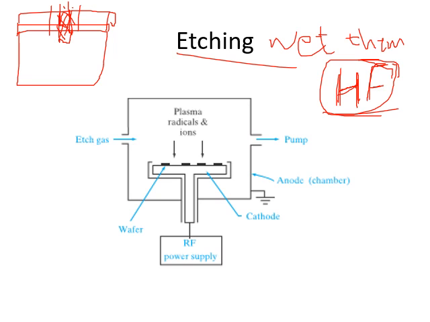But there was one problem with the wet etching, right? Wet type of chemical etching, there was one problem that it was isotropic. What do you mean by isotropic?